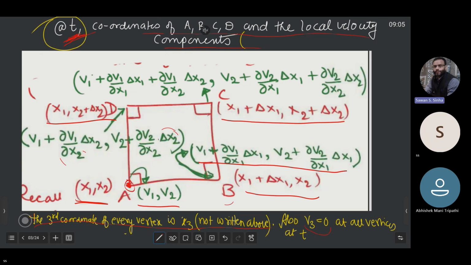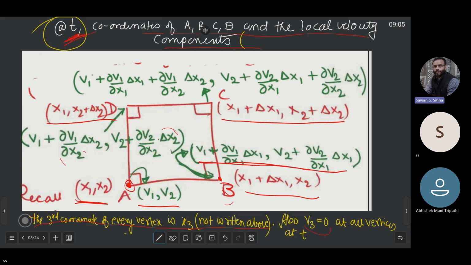There I am saying the velocity components are v1 and v2. Using those values and their derivatives, I can write the velocity components at time t in this manner. Okay.